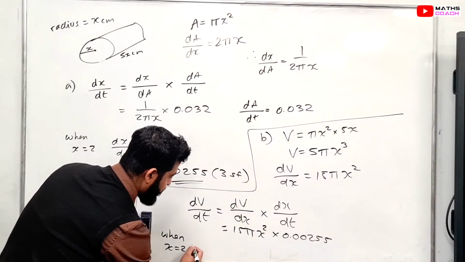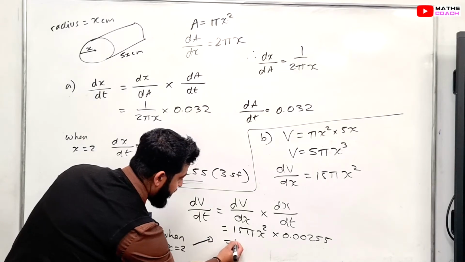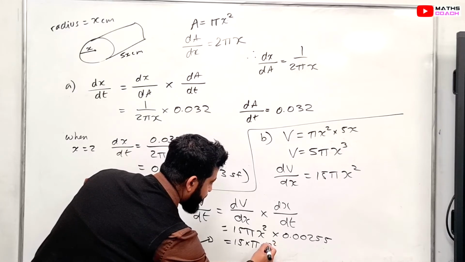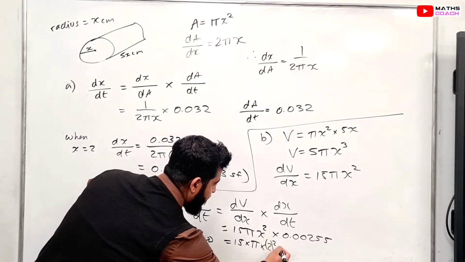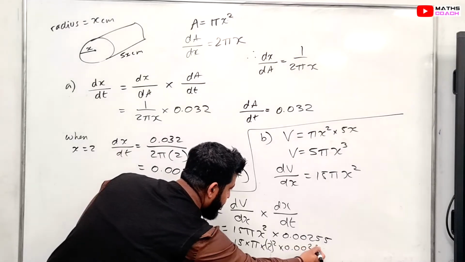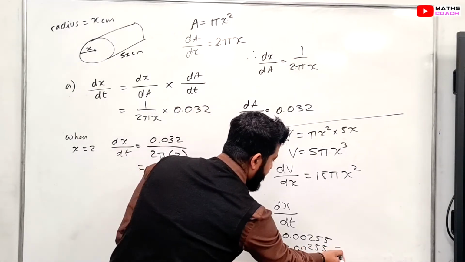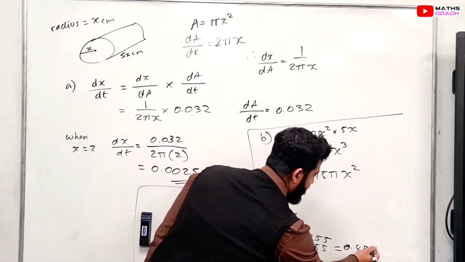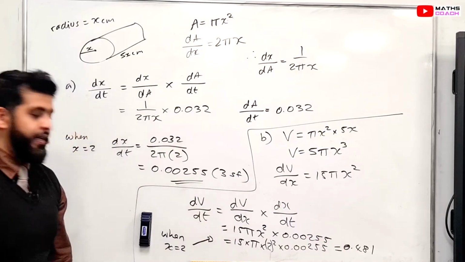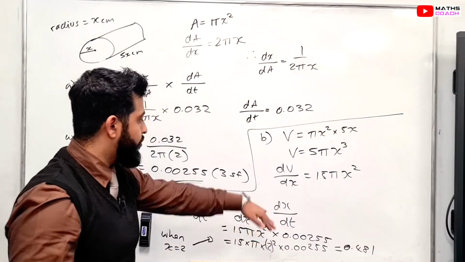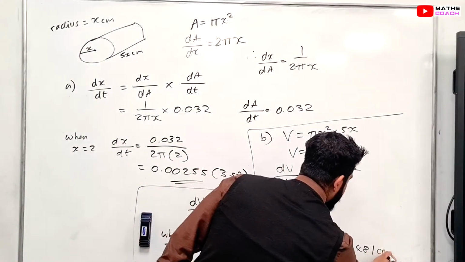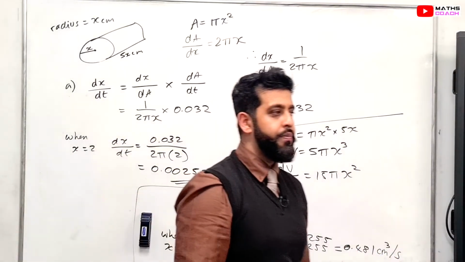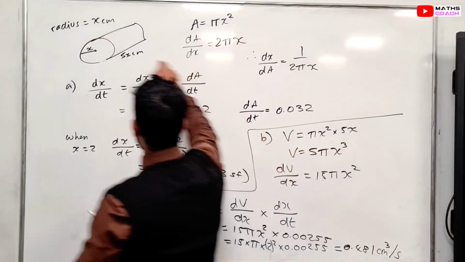So we are going to sub in x equals 2 in here: 15 times pi times 2 squared, let's put this into a bracket for now, times 0.00255. The answer to this on your calculators is 0.481, our final answer. And this is volume, so you could write down the units, which is the rate of change in centimeters cubed per second: 0.481 centimeters cubed per second. Can you see how important this chain rule is?